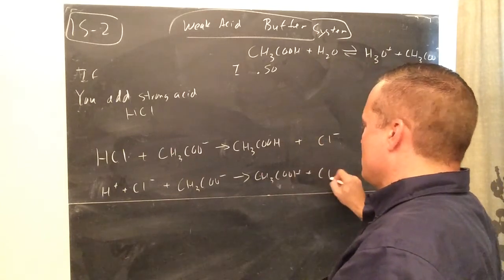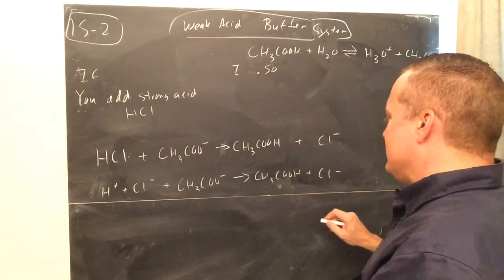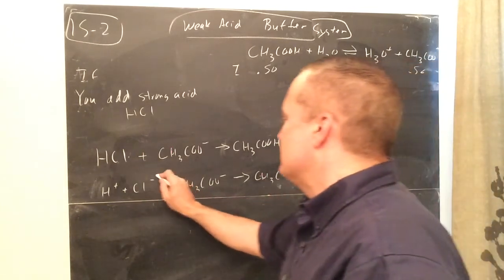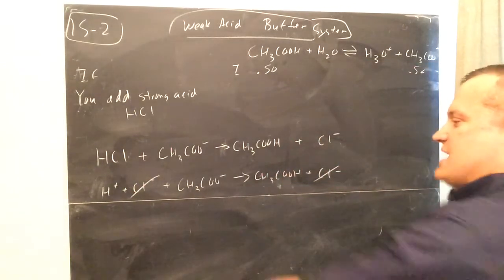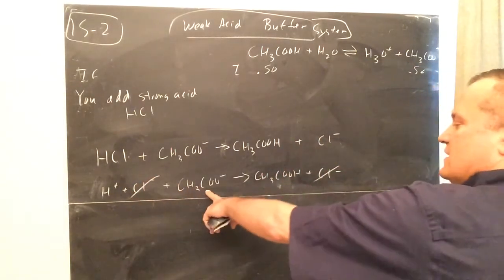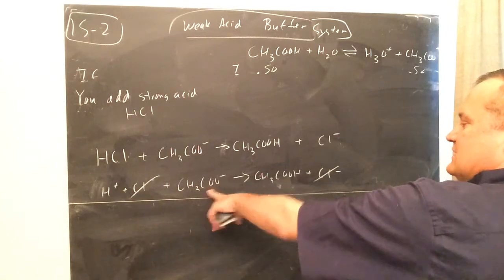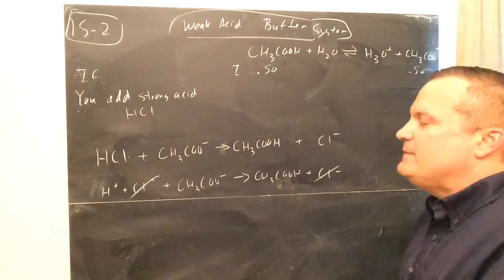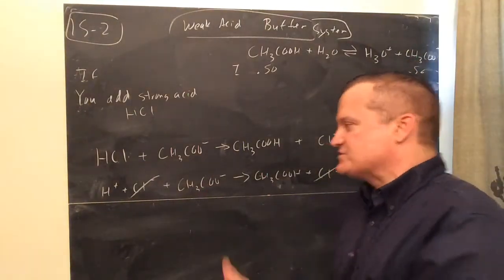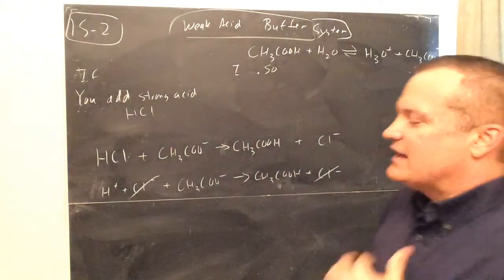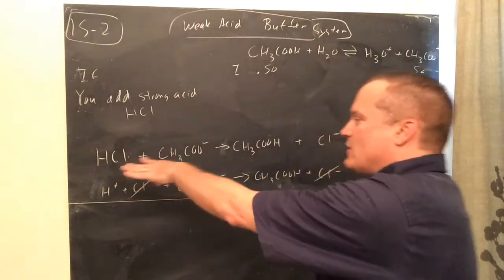So that means that the Cl's did not react. So just H plus joined on to CH3COO negative to make that. And yet, you could be asked on AP to write a net ionic equation where that happens. But if you're doing a calculation with a buffer, you're probably only going to need this equation.